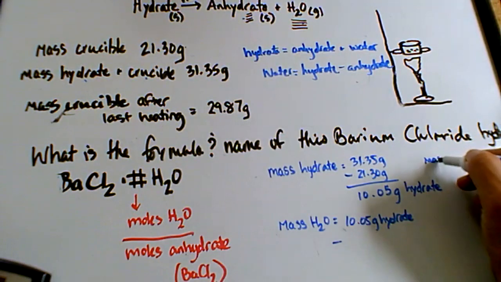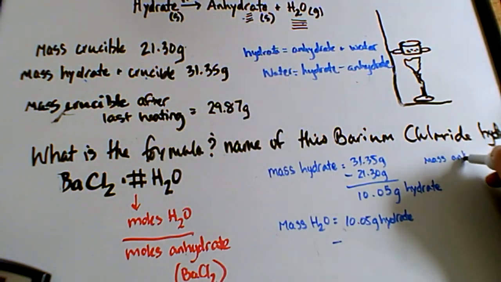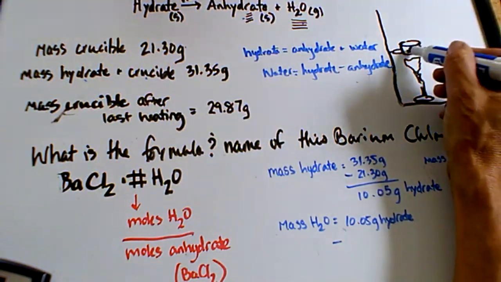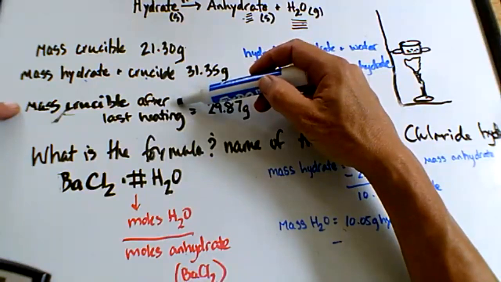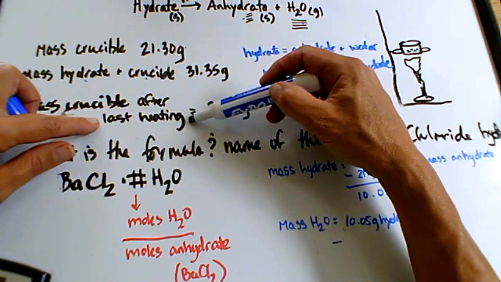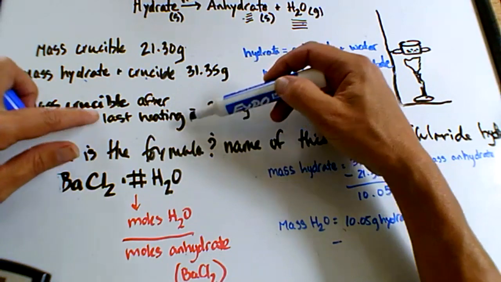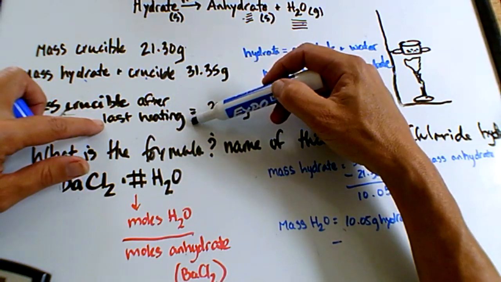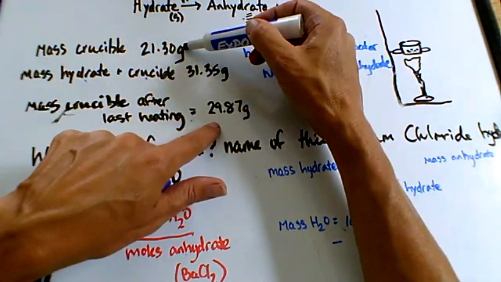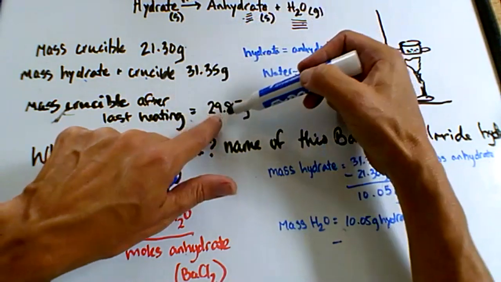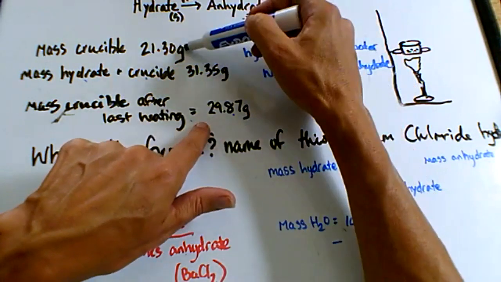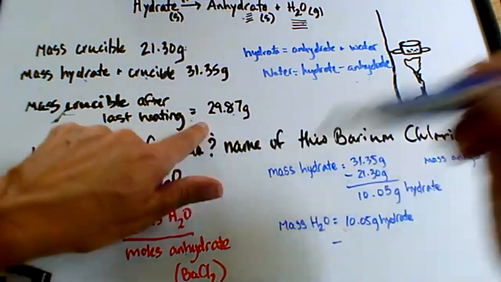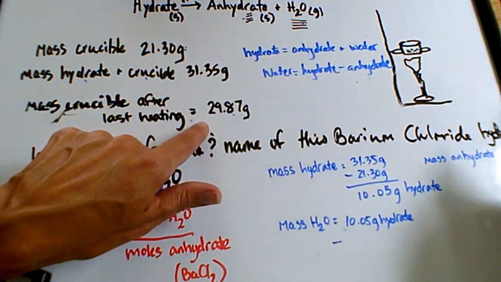Mass anhydrate. Where was the anhydrate after heating it? The anhydrate was sitting in the crucible. So if I take the mass of the crucible after the last heating, which has its anhydrate in it, and subtract from it the mass of the crucible, I'll be left with the mass of my anhydrate.